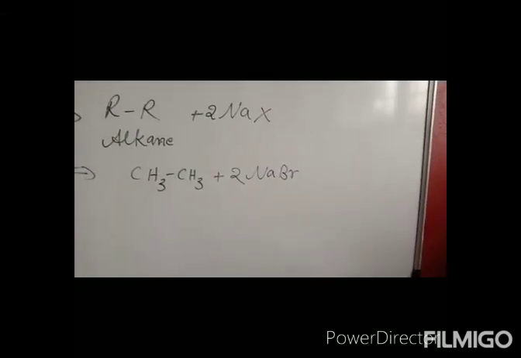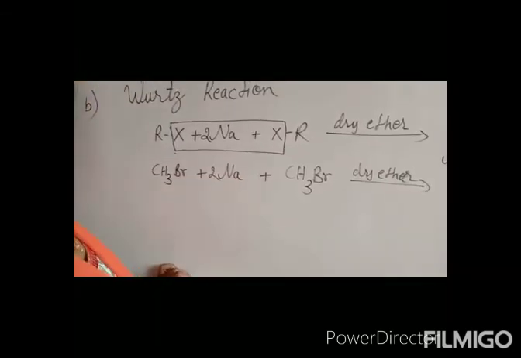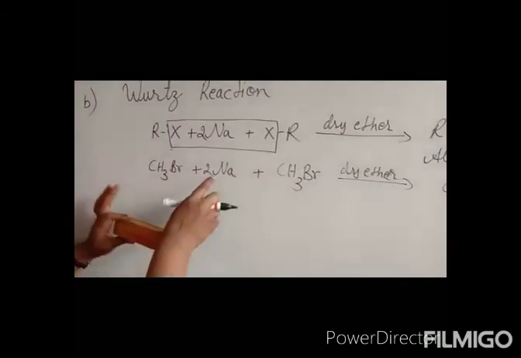Br once here, twice in the reactant part, so twice NaBr, sodium becomes twice, so twice sodium. This is my simple one.